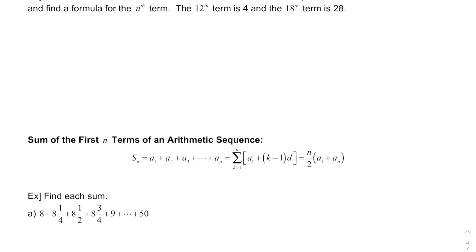So this example is asking us to find the first term and common difference of the arithmetic sequence, give a recursive formula, and find a formula for the nth term. The 12th term is 4 and the 18th term is 28. So first I'm just going to reiterate the formula for the nth term.